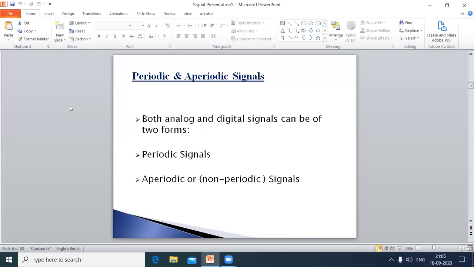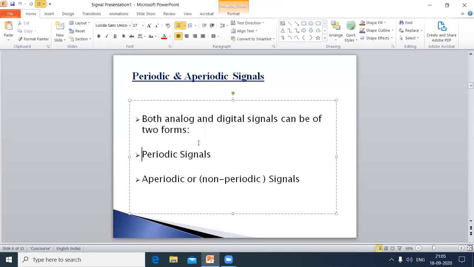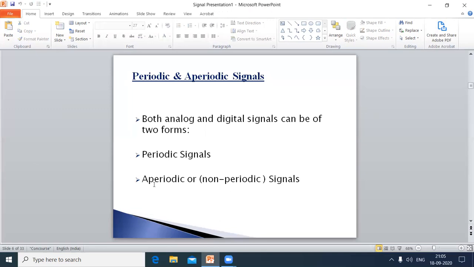Analog and digital signals can be in two forms. First one, periodic signal. Another one, aperiodic or non-periodic signal.